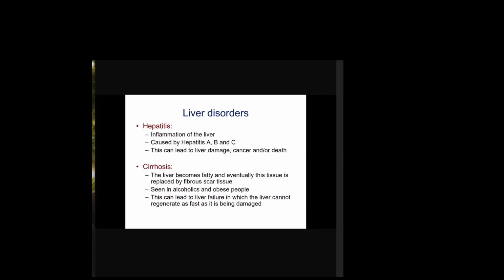And then when it becomes fatty, it can eventually form scar fibrous tissues. When people drink a lot, they usually have this condition that can result in the liver becoming fatty and having cirrhosis. And it could cause liver failure. And I said the liver cannot be regenerated, and it could cause problems.